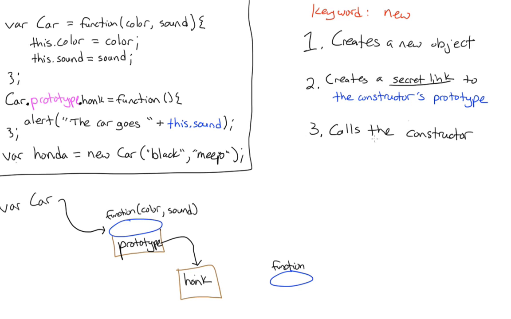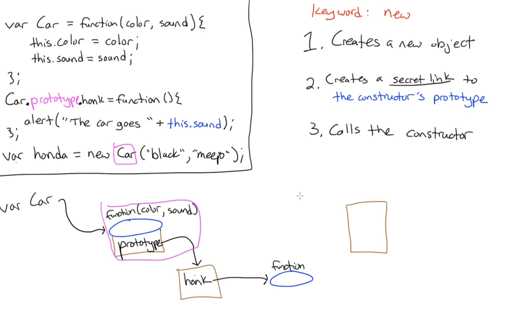It's going to first create, oh whoops, I forgot this arrow. It's going to first create a new object. Next, it's going to create a secret link to the constructor's prototype. What does that mean? Well, first, we have to figure out what the constructor's prototype is. So car is pointing to this function.